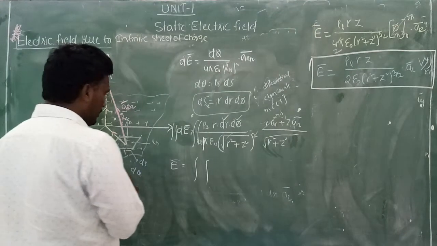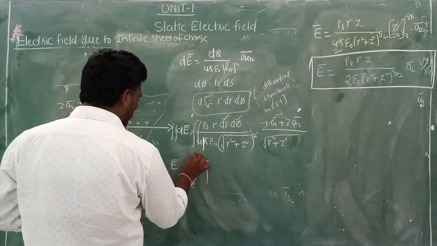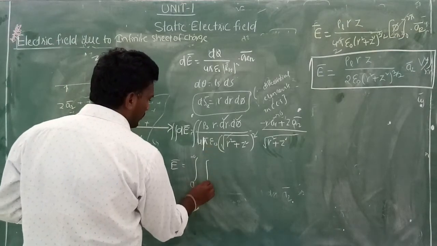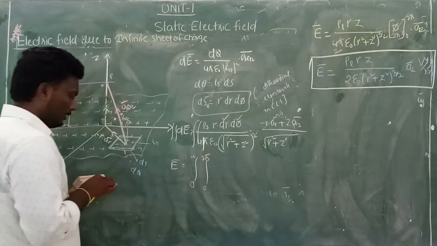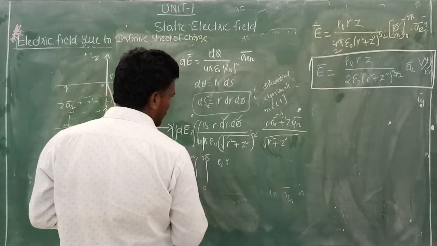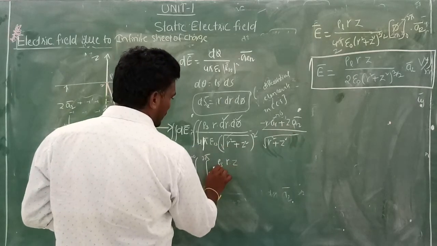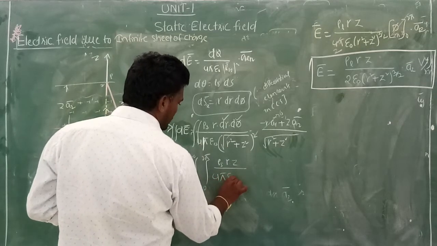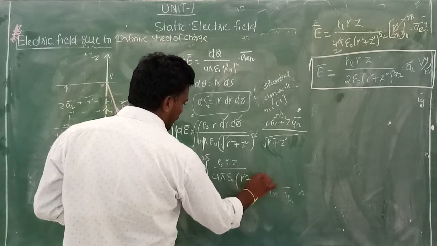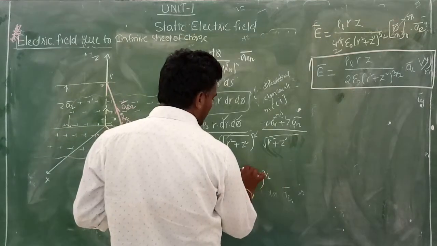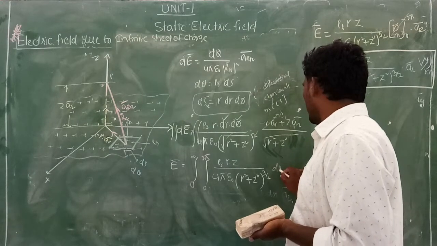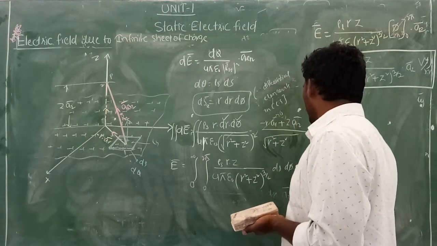Integration with respect to r is from 0 to infinity, as it is an infinite sheet, and the phi limits are from 0 to 2 pi. The integrand is rho s r z by 4 pi epsilon naught, times r square plus z square to the power 3 by 2, into dr d phi into az bar.